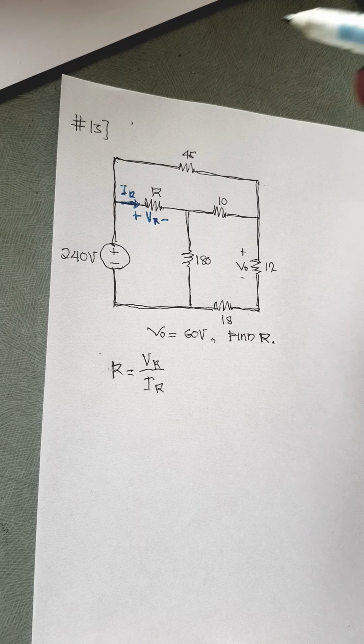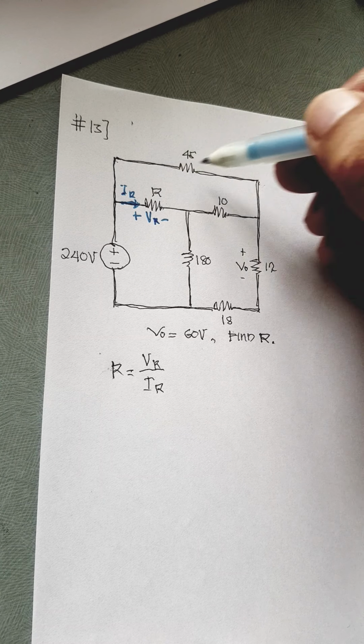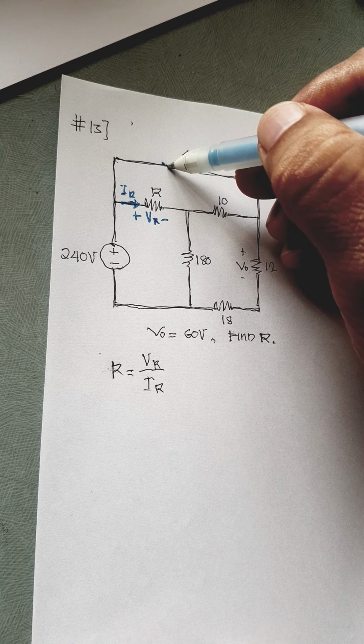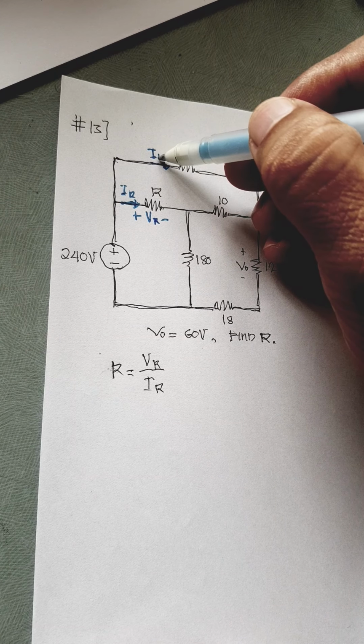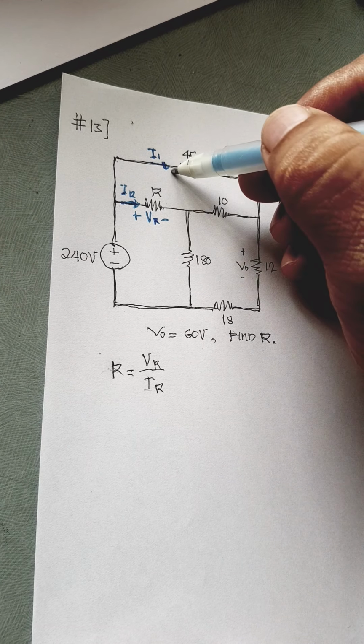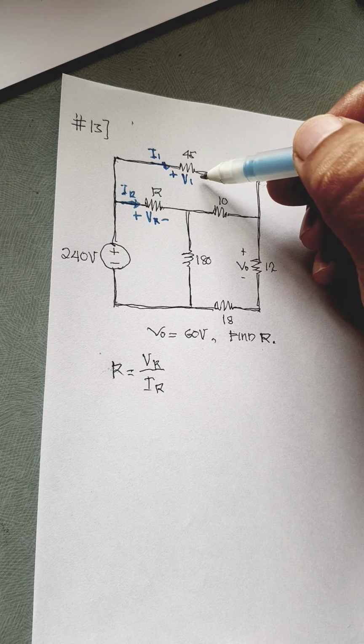Now, let us do the same for the rest of the elements. We don't have the current here, so let us assume the current. So this is I1. If the direction of I1 is like that, then this is our V1.